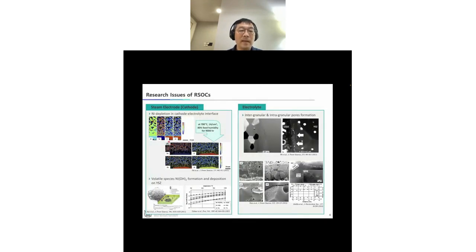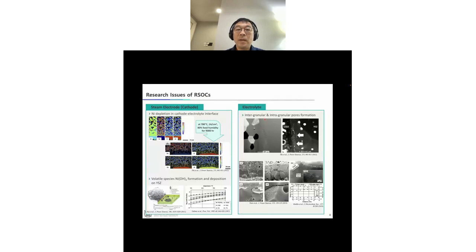Depletion happens at the catalyst layer, and nickel can also form unwanted volatile species near the electrolyte, which is yttrium stabilized zirconia, YSZ, surface. So there is a change in the physical properties of this metal catalyst, which usually happens at high temperature, around 800 Celsius, a typical operating temperature of solid oxide cells.